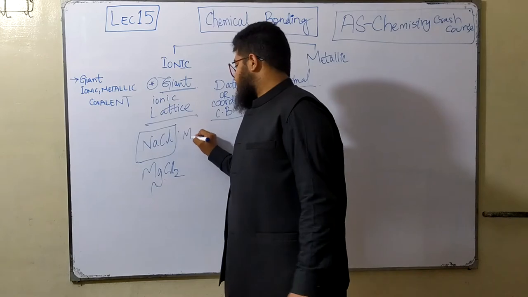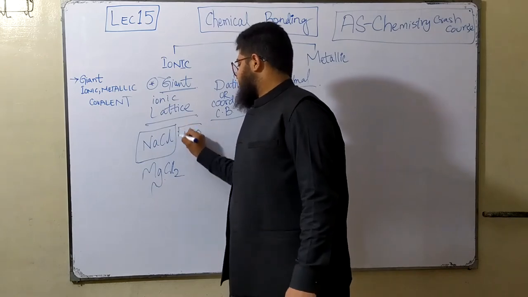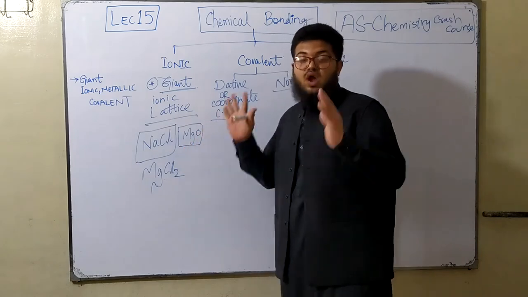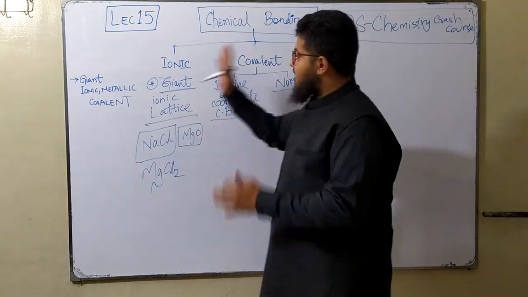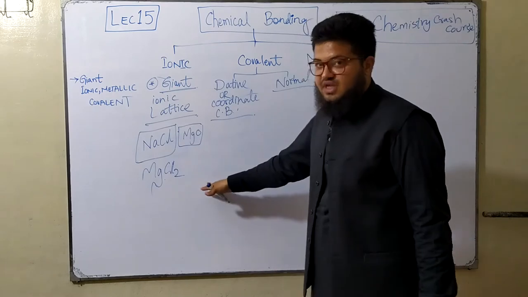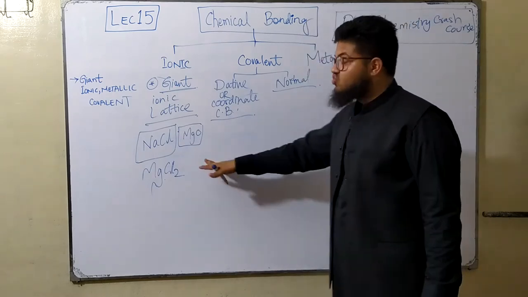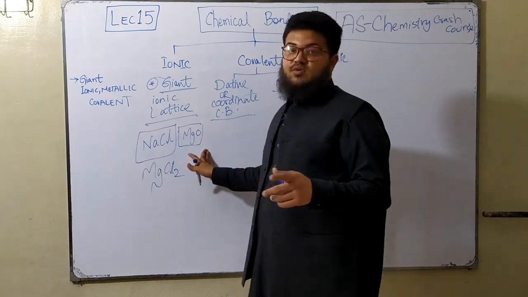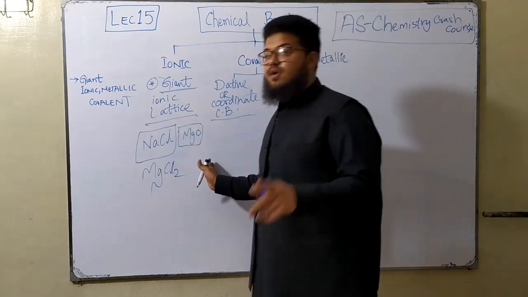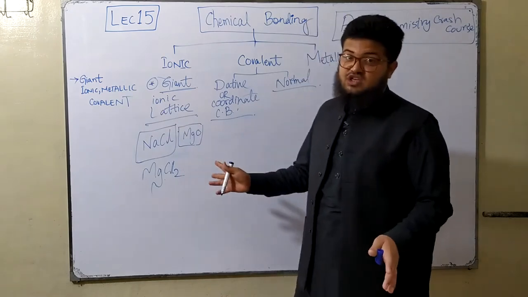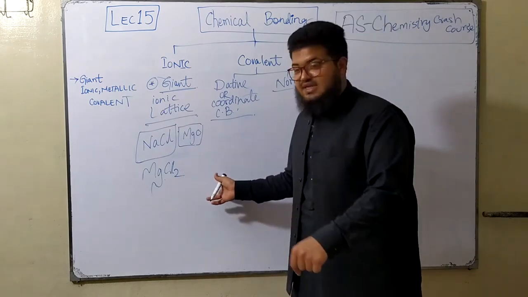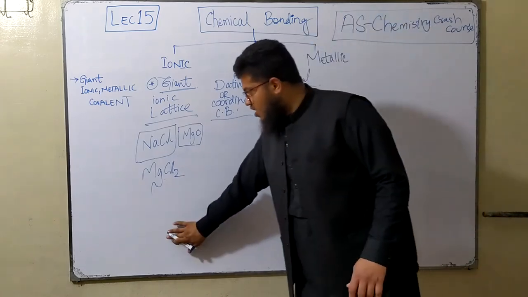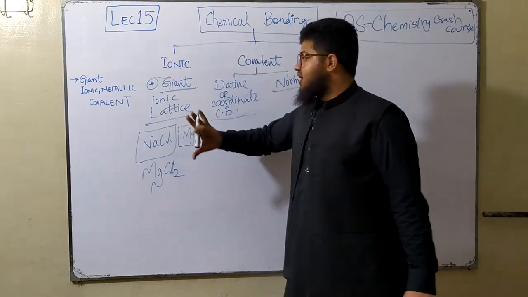If it's magnesium oxide, again a giant ionic lattice, a huge ionic lattice, because it has a very high melting point because of the extremely high amount of ionic bonds present, due to which it is used to line furnaces. This use of magnesium oxide is very high yield, because it has been asked in past papers several times, even in O levels as well as in AS. All the ionic compounds contain giant ionic lattices.